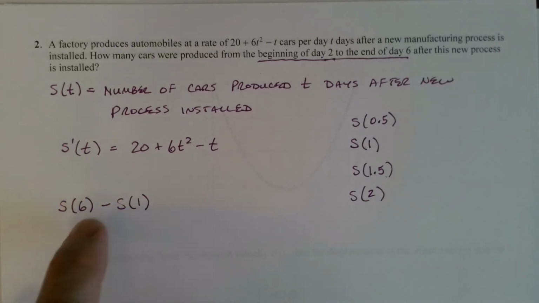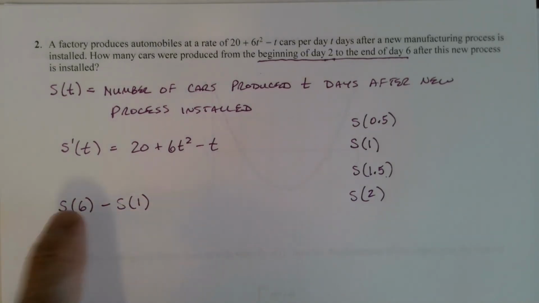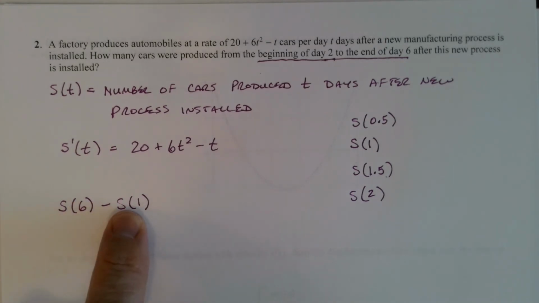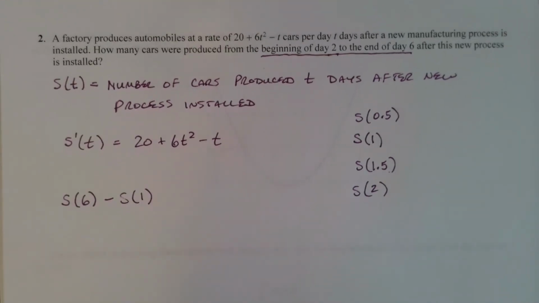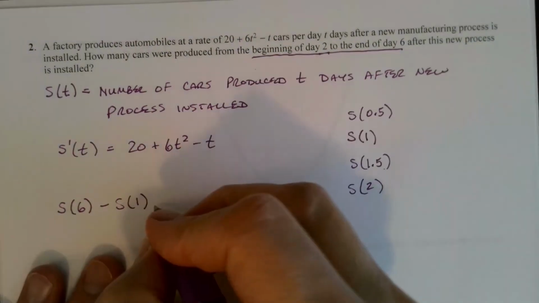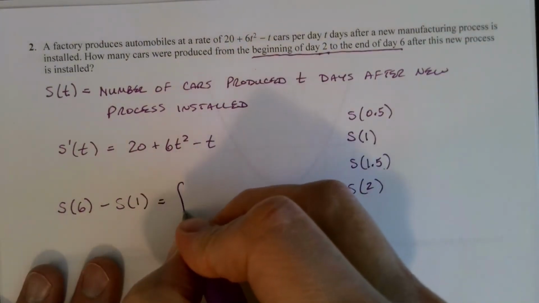S of 6 is all the cars produced in the first 6 days, and this takes away the number of cars produced in the first day. So what's that going to leave? Days 2 through 6. It's a little tricky setting that up, so you've got to give it a little thought.